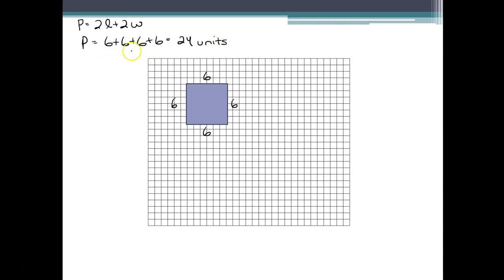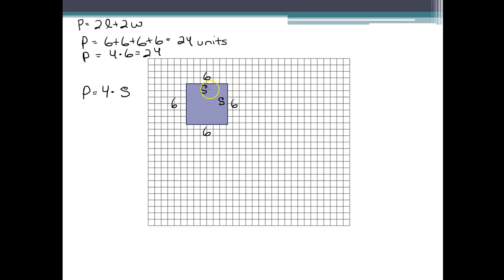But then you notice that you're adding up 4 sixes, which is the same thing as multiplying 4 times 6. All 4 sides are the same length, so when you go to find the perimeter, what you're really doing is just multiplying 4 times the side length, whatever that is. I'm trying to make my S's a little fancier so you can tell them apart from 5s.